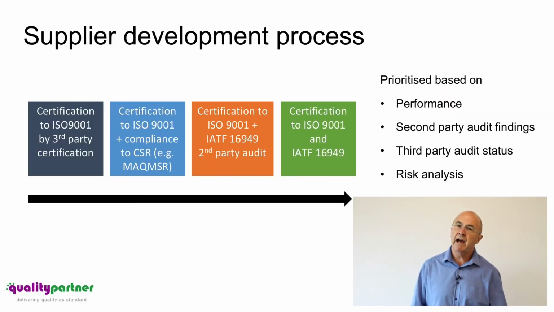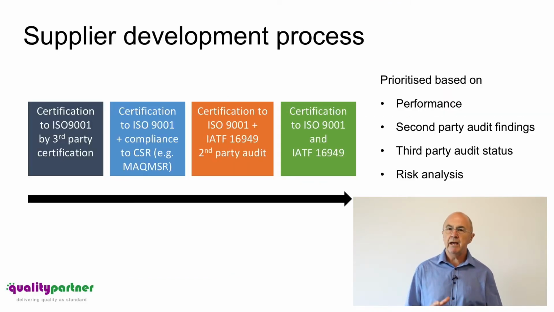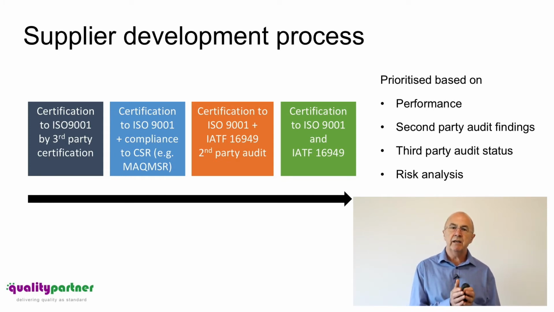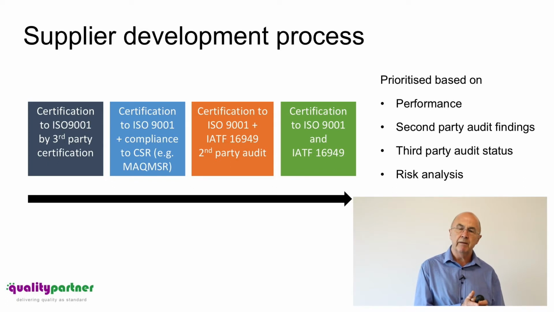So let's have a look now at the defined supplier development process defined in ISO TS 16949. So the base requirement is that suppliers have certification to ISO 9001 by a third-party certification body. So this is the expected norm.